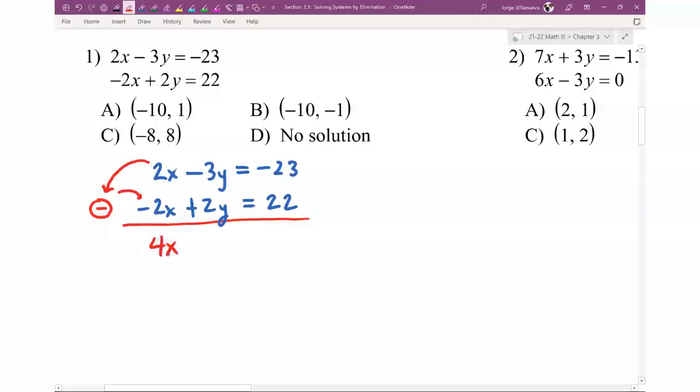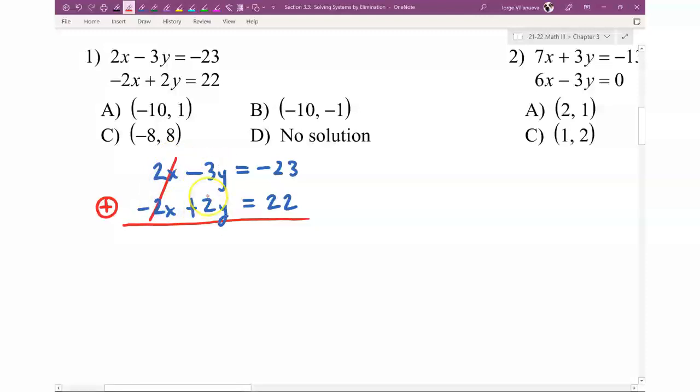No. I wanted to eliminate it. That's what you guys said, let's get rid of x. And when I did the subtraction, it didn't work. So that means subtraction is not the answer. Well, you only have one other option: addition. What's 2x plus a negative 2x? That's 0x. That got eliminated.